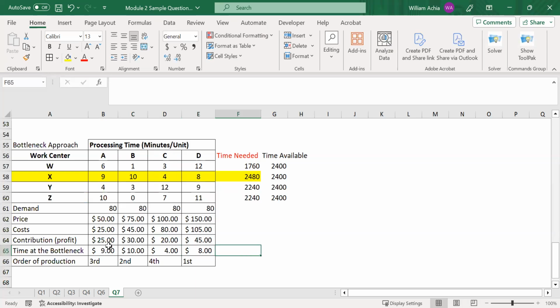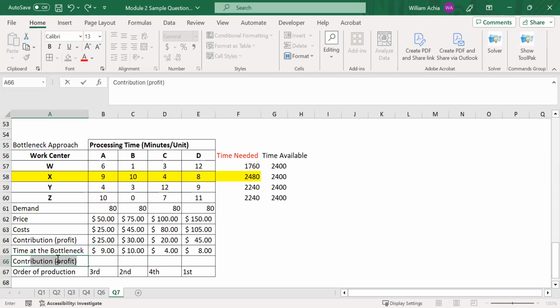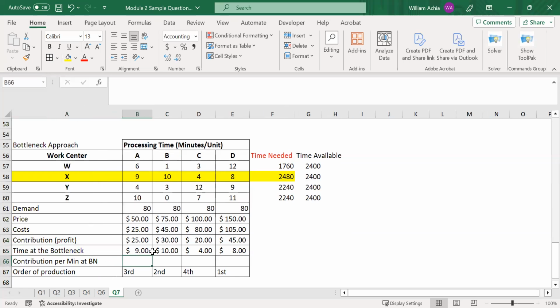Okay. So now that I know that, let's add yet another row and say, what's our contribution per minute at the bottleneck? Okay. So the contribution divided by the time at the bottleneck gives us a new value. And this is going to be equal to 25 divided by 9.